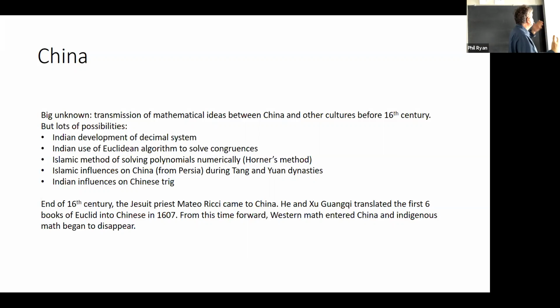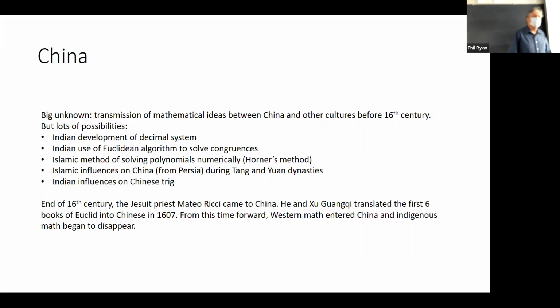And it's still not really known as much as we would like how ideas, particularly mathematical ideas, went between China and other cultures before the 16th century.